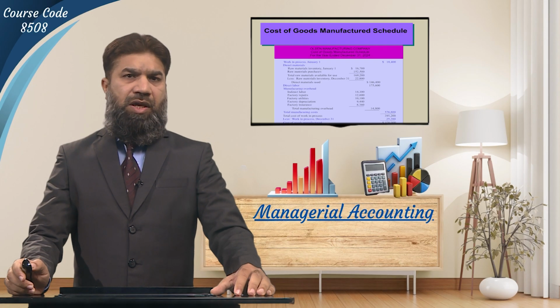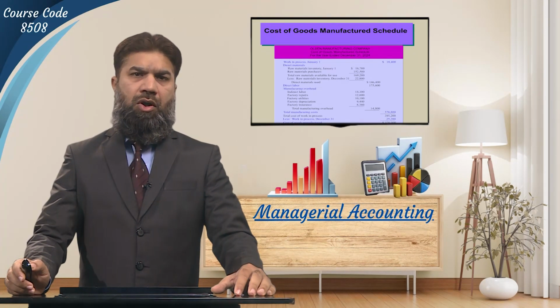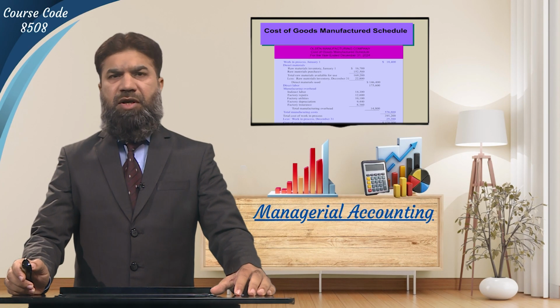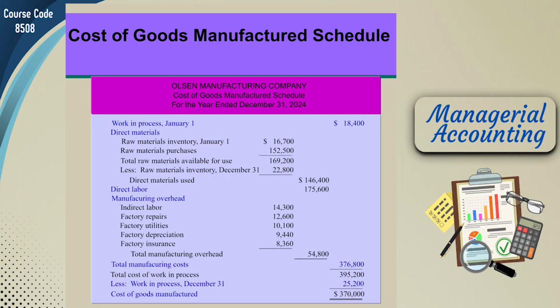We start from the work in process, or we may also start from the direct material. Here, as you are viewing on the screen, work in process inventory is written at the beginning, that is 18,400, and then we will add direct material, direct labor and manufacturing overhead cost.